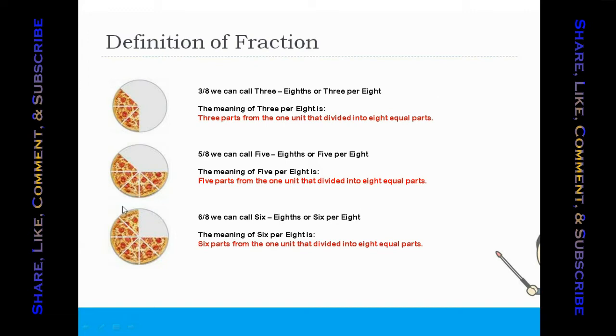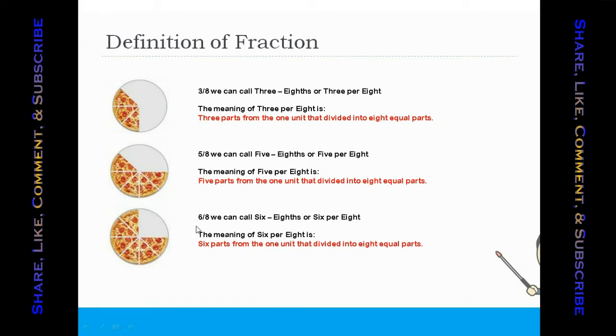The third figure, we have one pizza divided into 8 equal parts. And then we have 6 parts of them. It means the numerator is 6 and the denominator is 8.